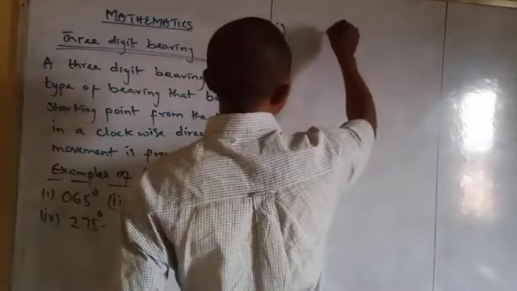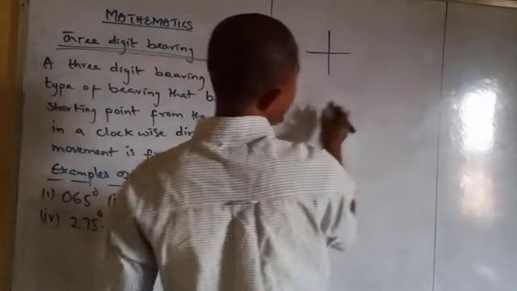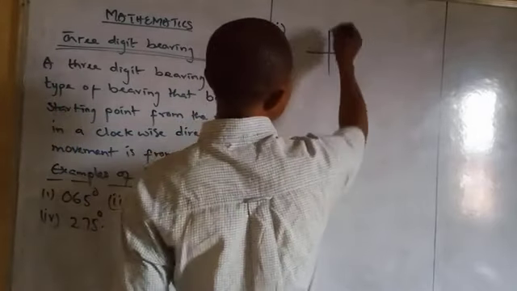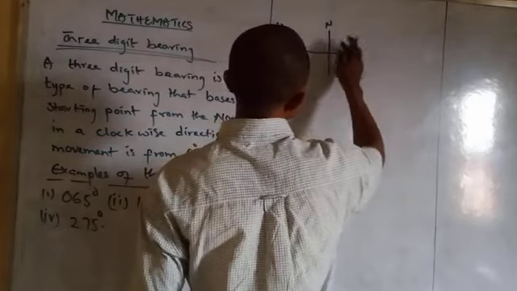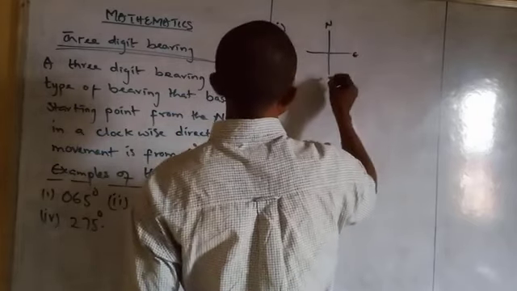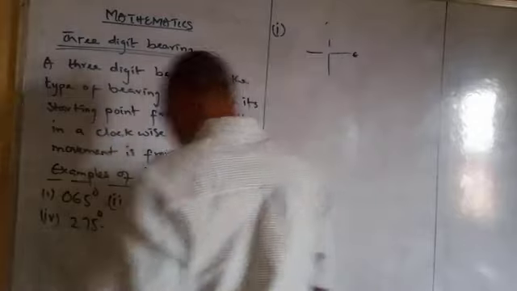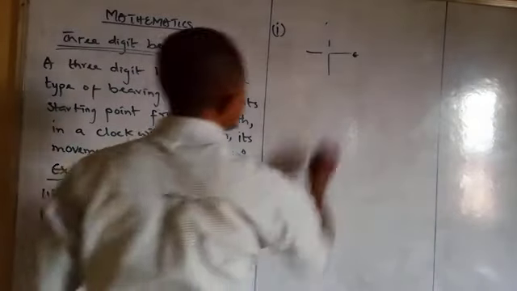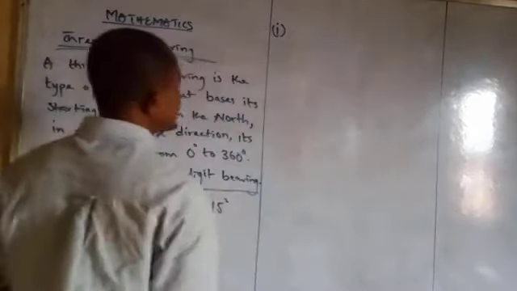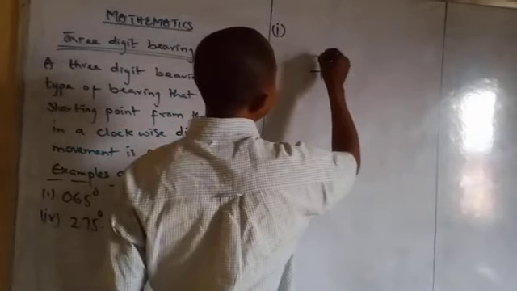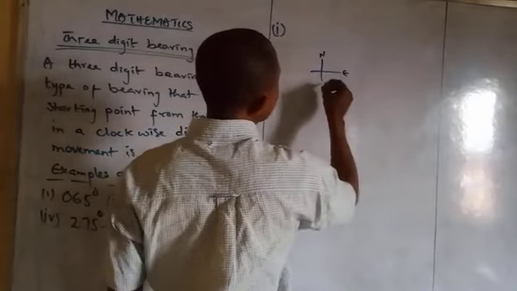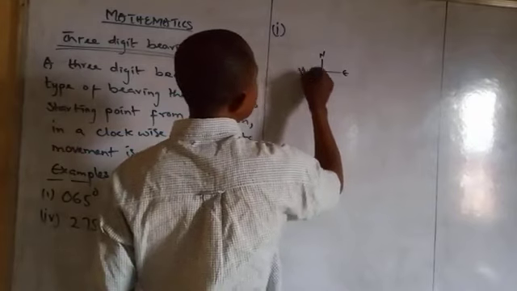You can still make use of our 4 cardinal points when we are explaining 3-digit bearing. This is north, this is east, this is south, and this is west.